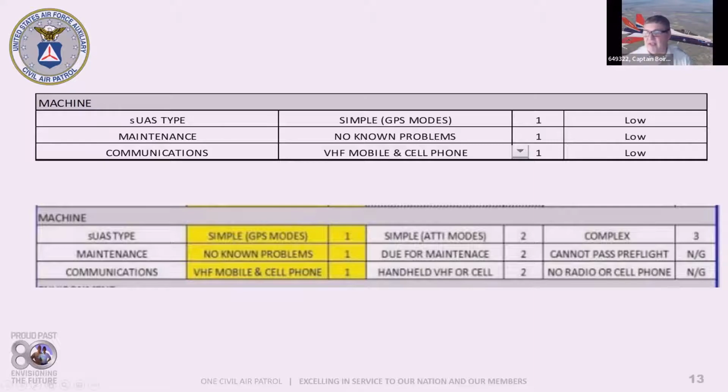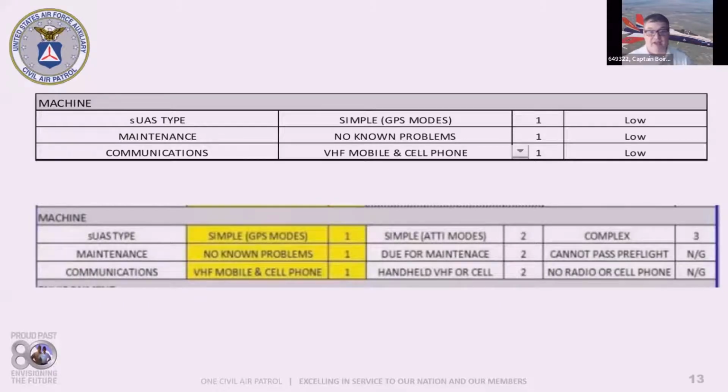Okay. So then we have communications. What do you have? Are you going to be using your mobile and a cell phone? Do you have just the VHF or a cell phone? Do you have nothing at all?